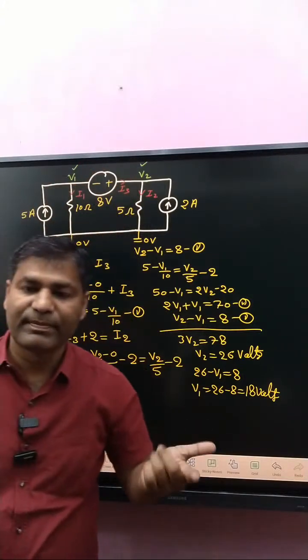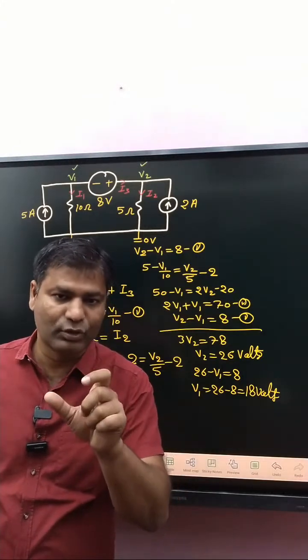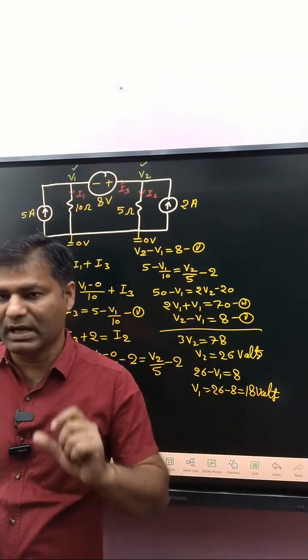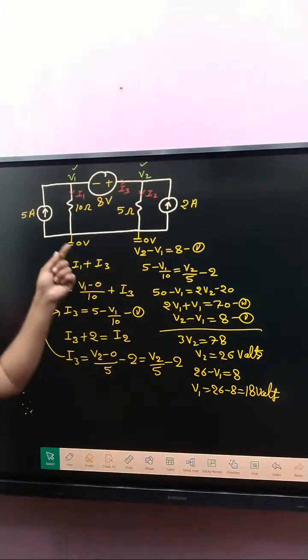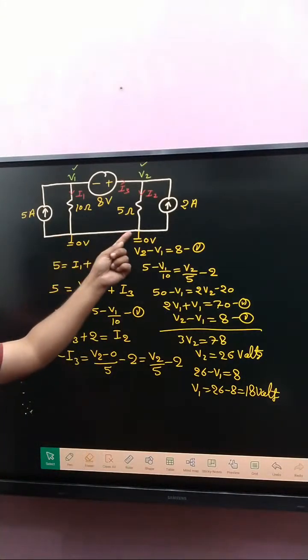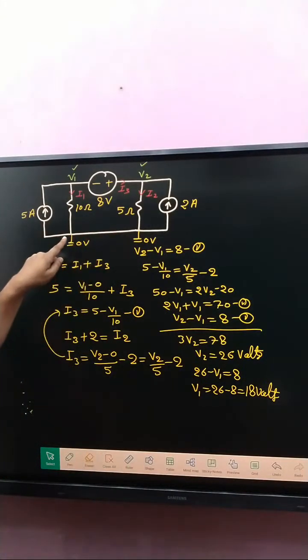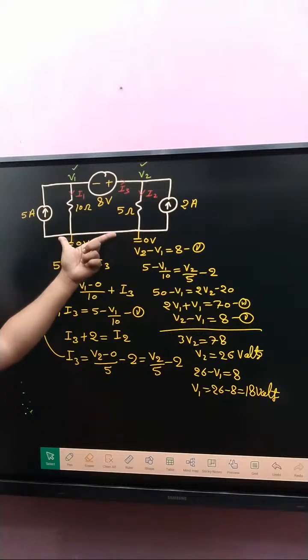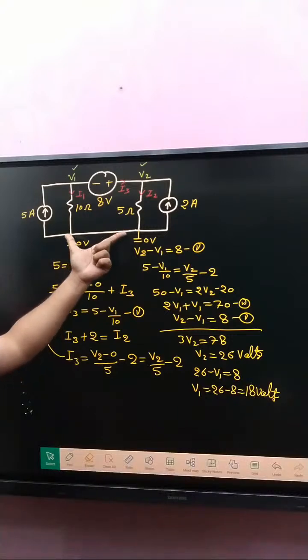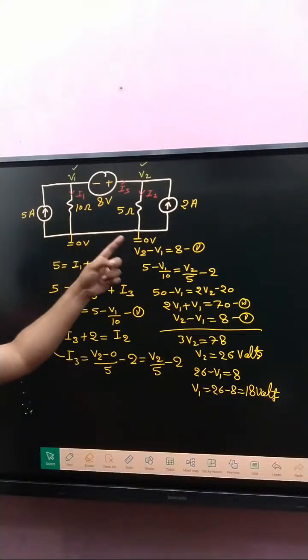And next step, take one node as the reference node or datum node. So that one is taken as datum node, that is 0 voltage. If this one is 0 voltage, that is also 0. Why? Because no source or impedance or any connection between these two. So these are at the same potential.